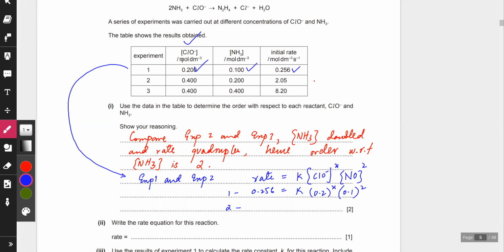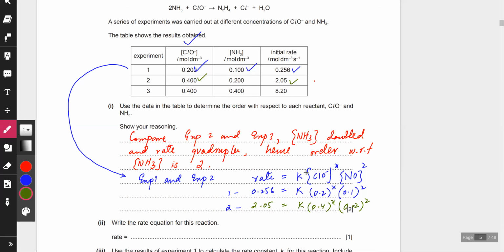And then you take experiment 2 and you substitute the values of experiment 2 in the rate equation. If you do that, the rate is 2.05, K is unknown, the concentration of ClO⁻ is 0.4, power x, and the concentration of NO is 0.2, but that is squared.